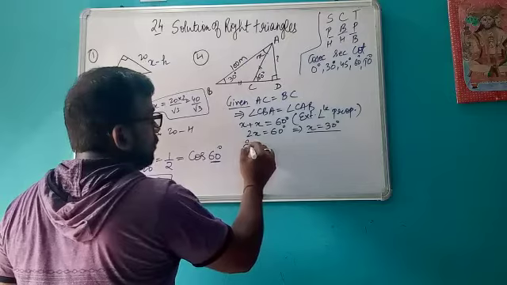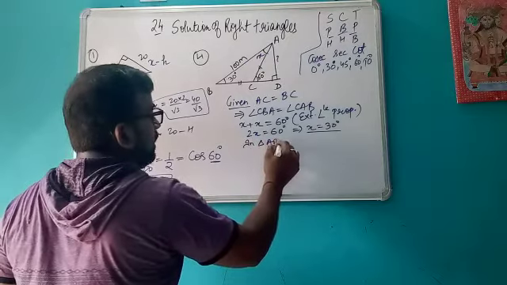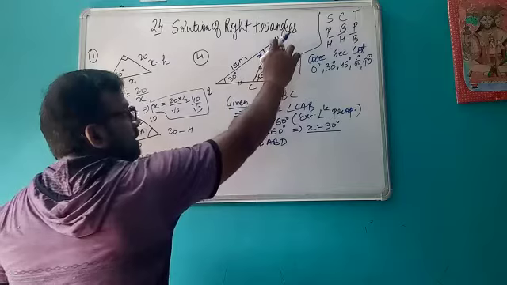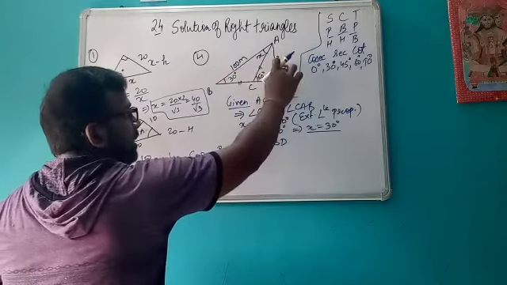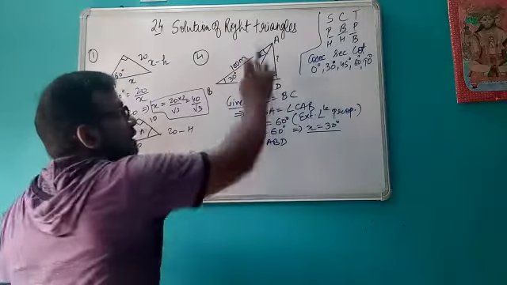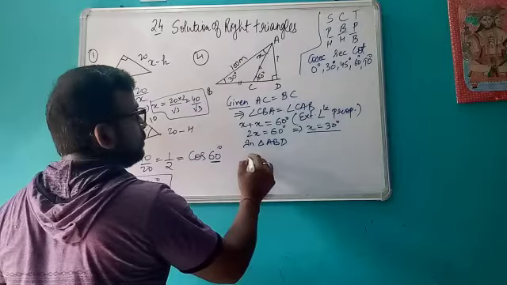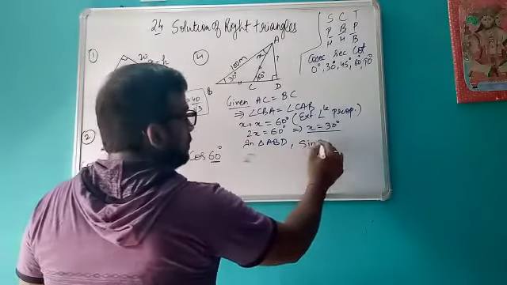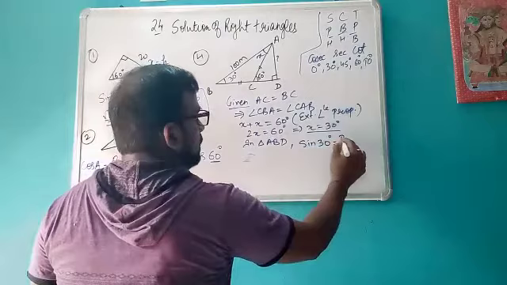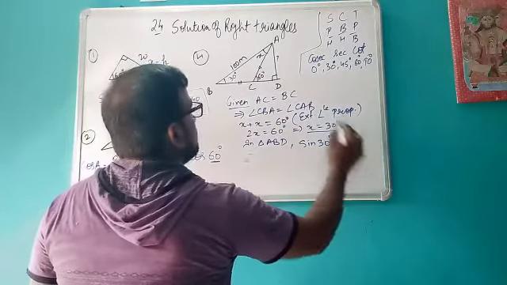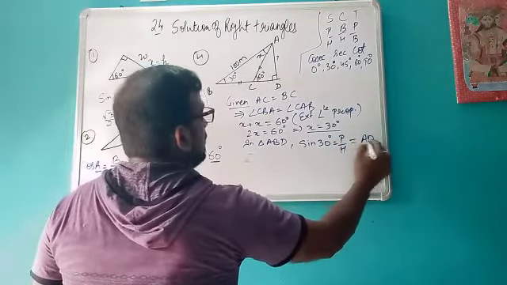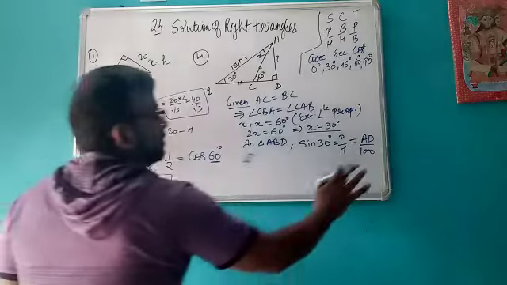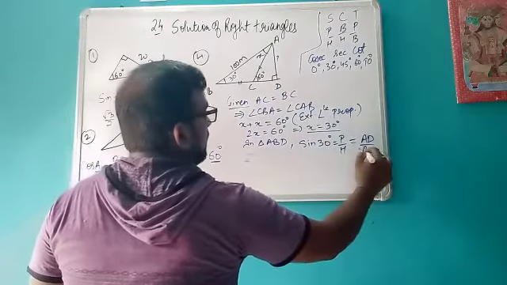If you see carefully in triangle ABD, this is 30 degree and this AD is perpendicular. And this AB becomes the hypotenuse. So I can use sine of 30 degree is equal to P upon H, that is P is AD and H is AB.